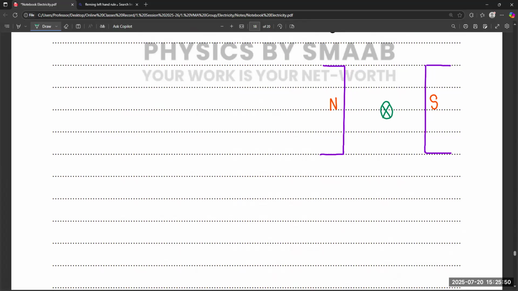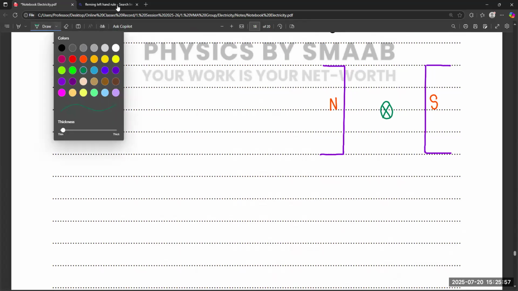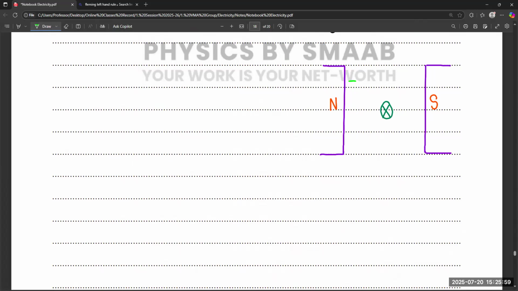This cross shows you that current is moving into the paper, and magnetic field lines are from left to right, like this. So this is the direction of magnetic field lines.